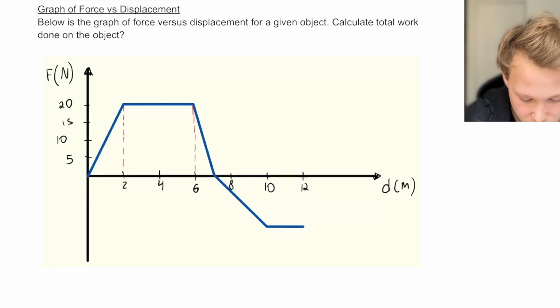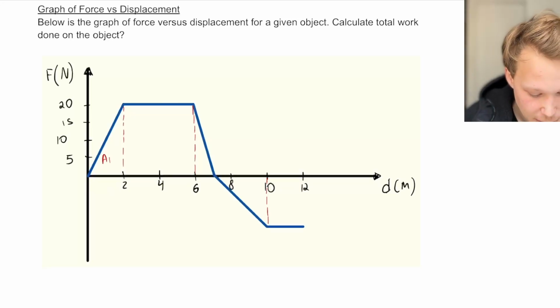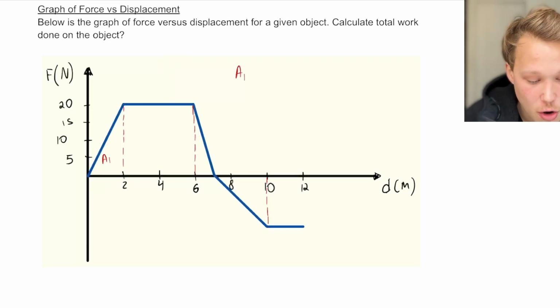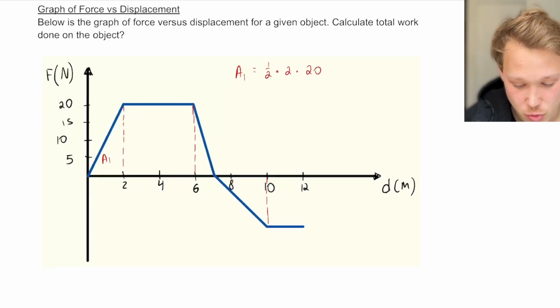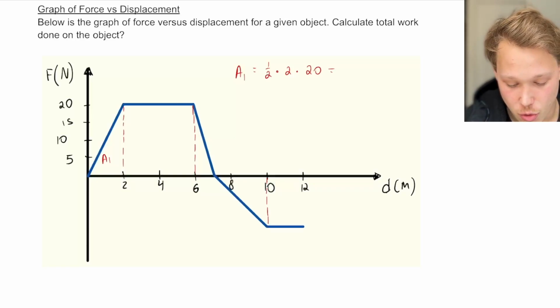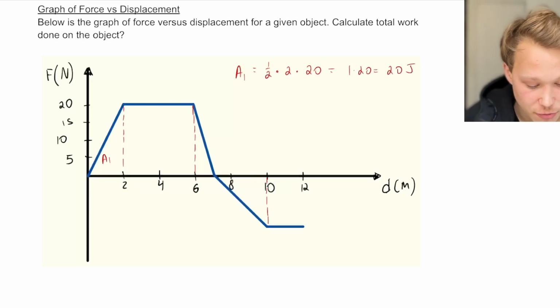So let's start from over here. This first area right here is going to be, now the area of a triangle is 1/2 base times height. So 1/2, the base is 2 times the height, that is 20. Or 1/2 times 2 is 1, 20. So 20 joules on that first basically leg.